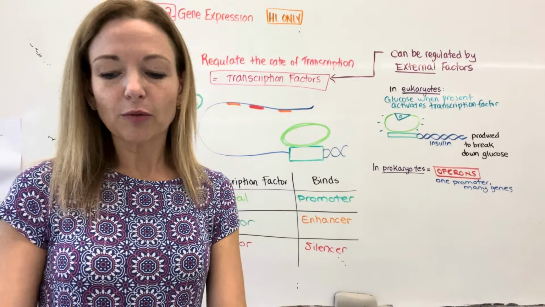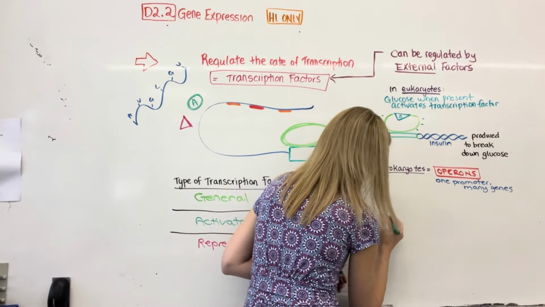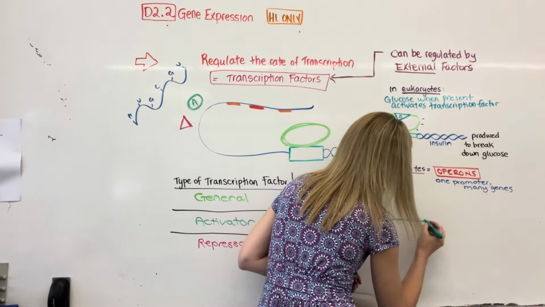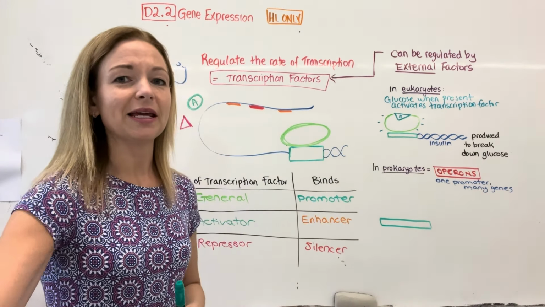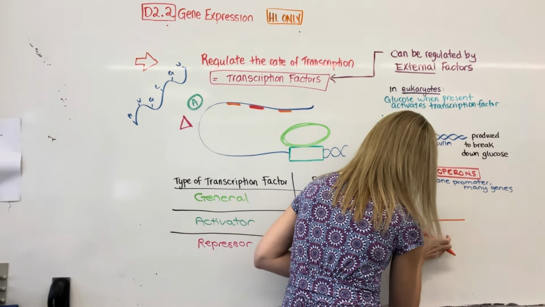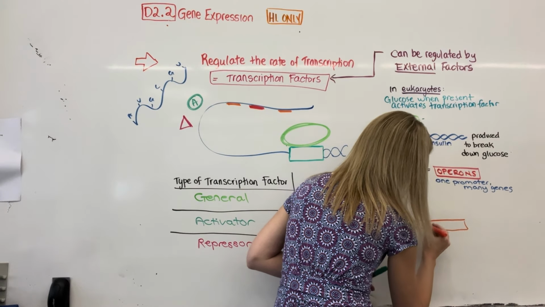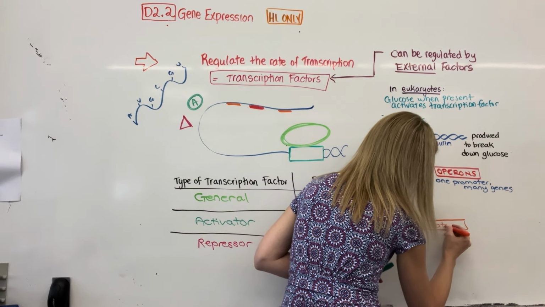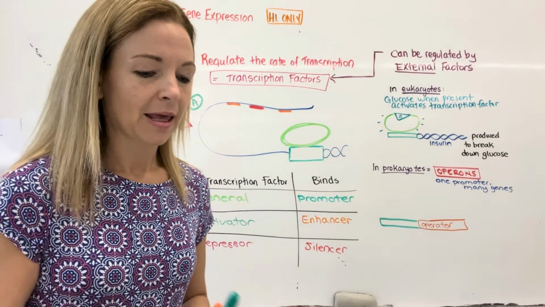Okay, so let's look at what it looks like in an operon. We are going to have a promoter. And then we have an extra little piece called an operator. I'm going to make this a little bigger. So this is an extra site away from the actual promoter.